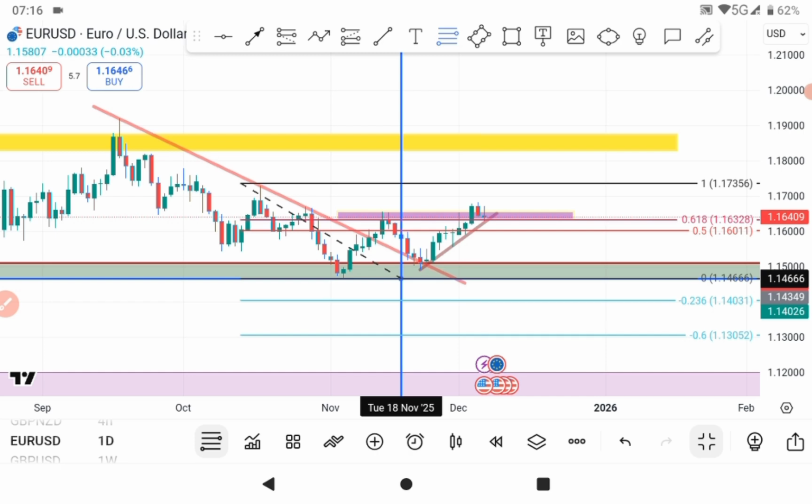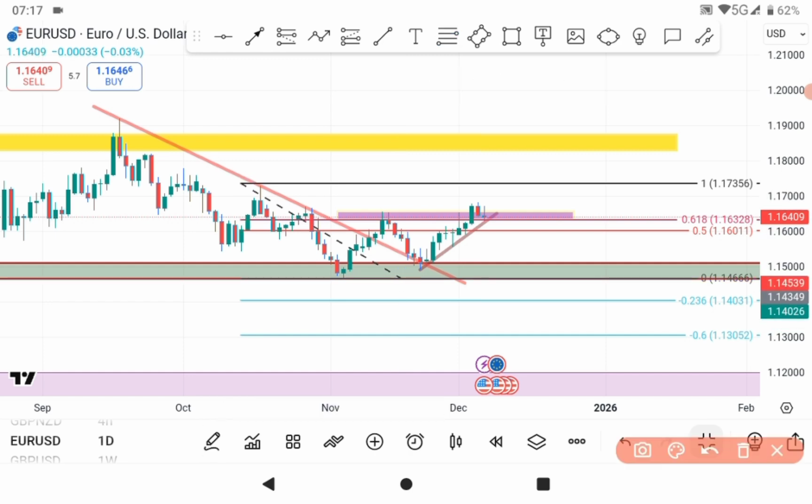You can see clearly that this market is still on a Fibonacci level right here. Now, if I can see a clear break to the upside and a retest, as I said earlier, then I'm going to rally this trade back to the upside, to this yellow bar.